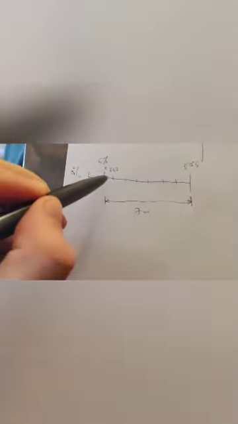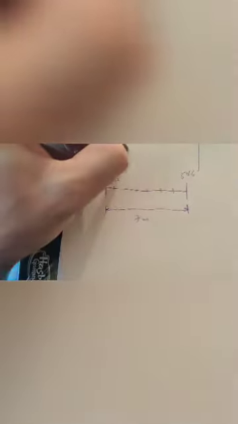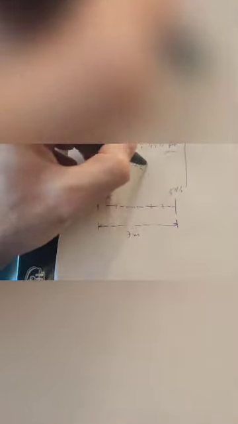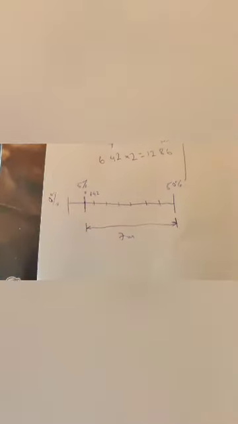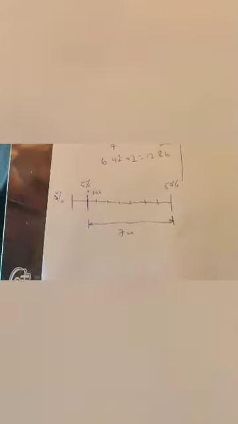If I know that for each millimeter it's 6.42%, I know that from here to here is going to be 6.42 multiplied by 2, which equals 12.86.